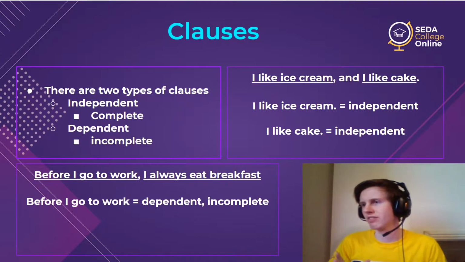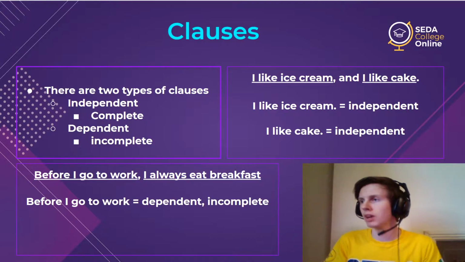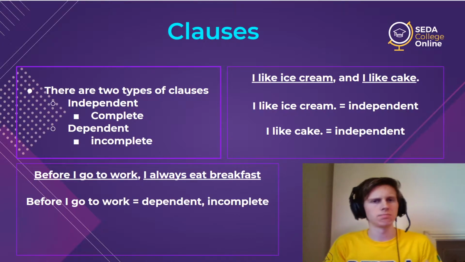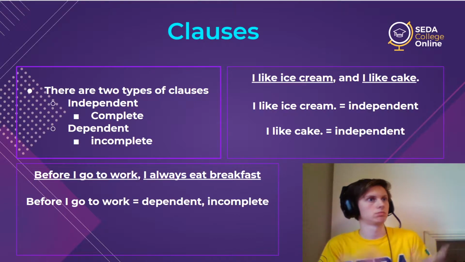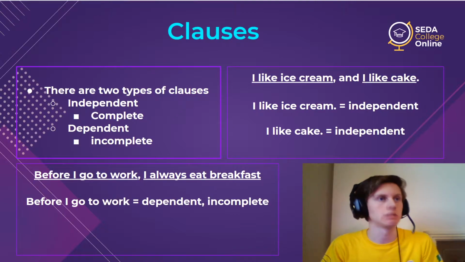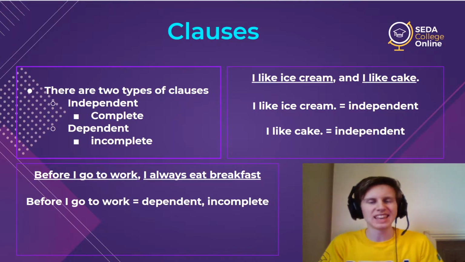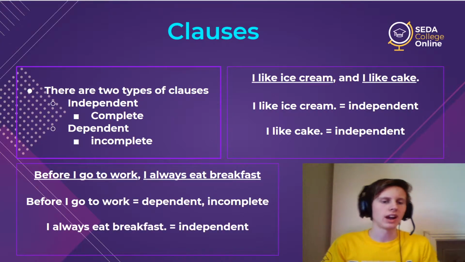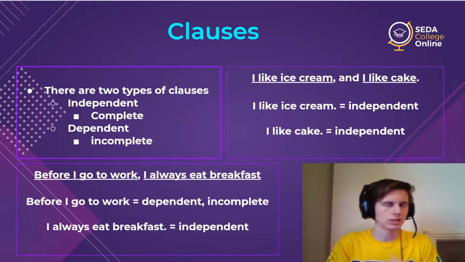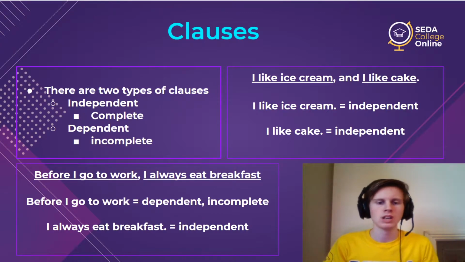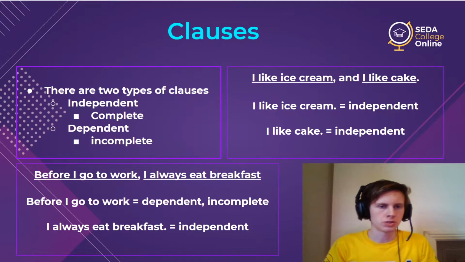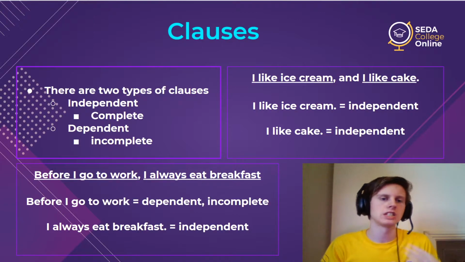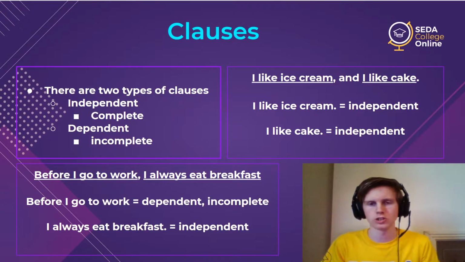If I turn to my friend and I say, before I go to work, my friend says, okay, what? You need the extra information. However, I always eat breakfast. That is a totally complete sentence, an independent clause. So clauses have these two types, independent finished and dependent not finished.